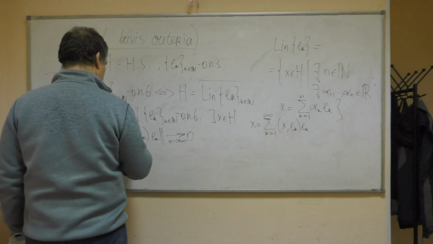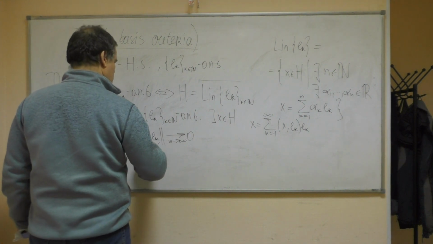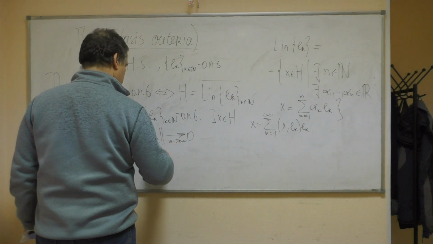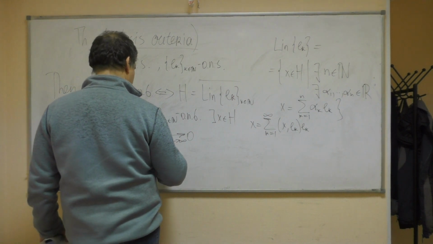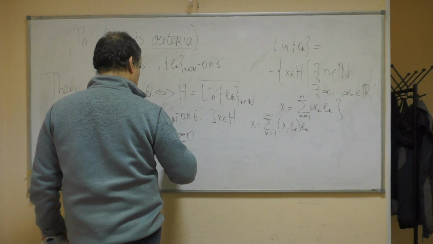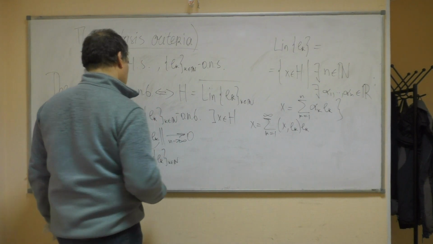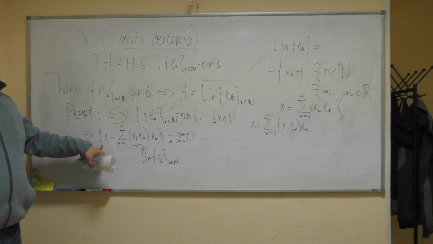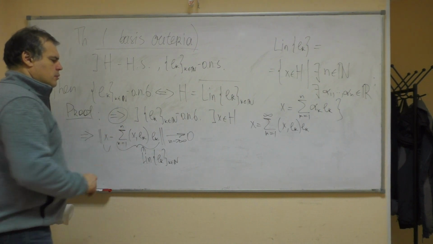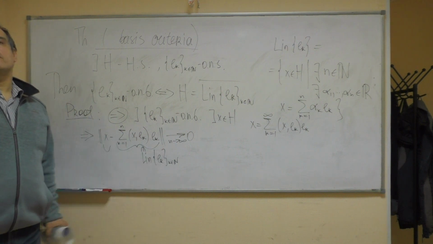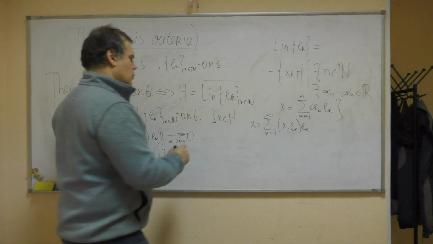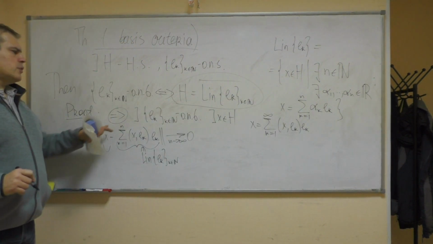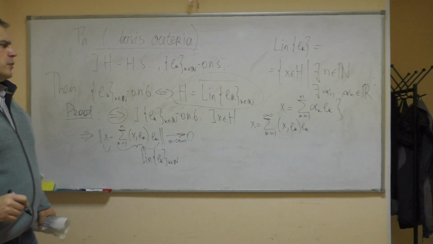But here we have an element of linear envelope. So we can approximate x by elements from this linear envelope. What exactly does this mean? Because x is an arbitrary element of H.